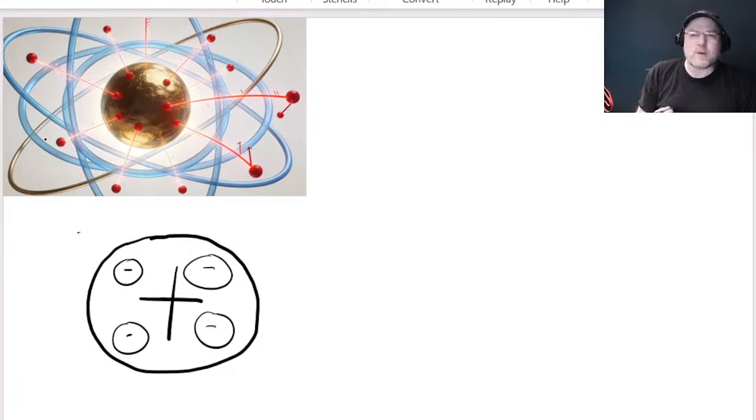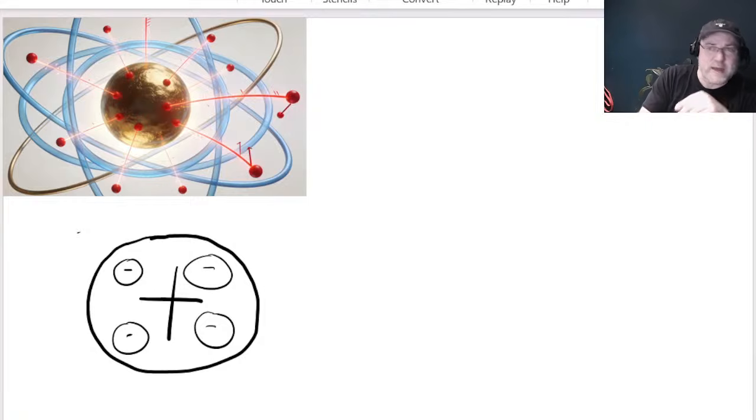If you can't come up with them fancy words, you're not going to gain marks for fancy words. If you just say it's a ball of positive charge and there are electrons in it that can't move, stationary electrons stuck inside it, you get the marks. You just have to describe it. So that's the plum pudding. J.J. Thomson discovered the electron, and the plum pudding is part of that discovery of the electron.